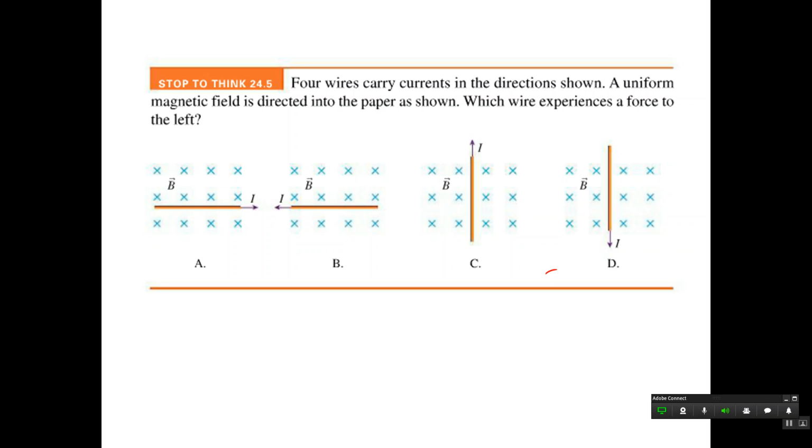Can't do this problem without your right hand, so everyone's right hand should be up right now. You can use your left hand. Sure. So you're trying to find the one where the force is going to be towards the left.